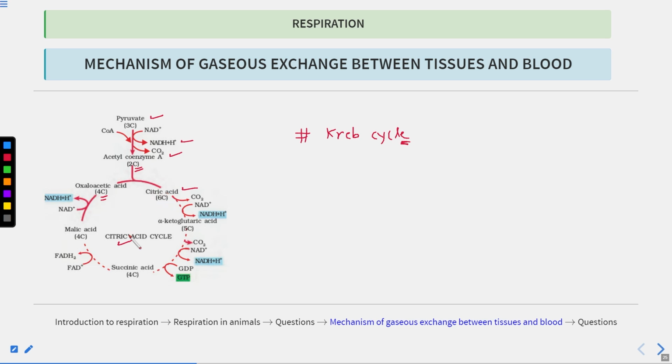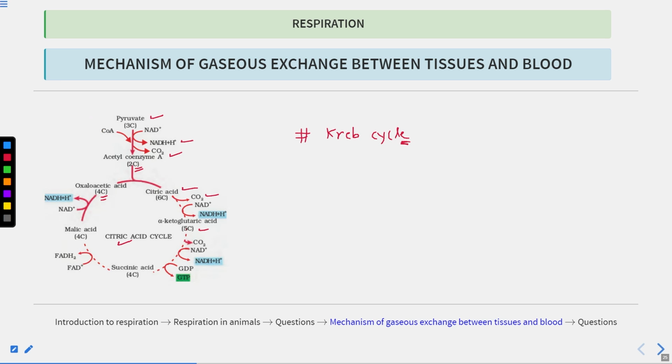Clear? That's why the name of the cycle is also citric acid cycle. Now here you can see carbon dioxide is released and a 5-carbon compound is formed known as the alpha ketoglutarate acid. And here NADH is produced.